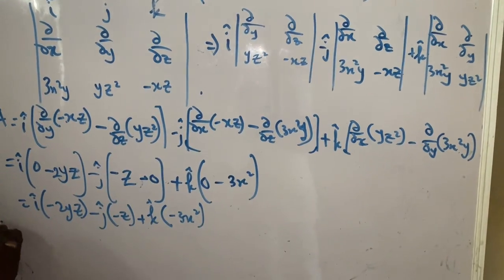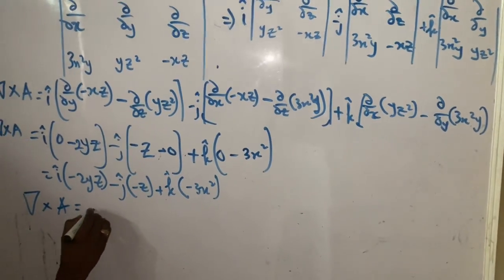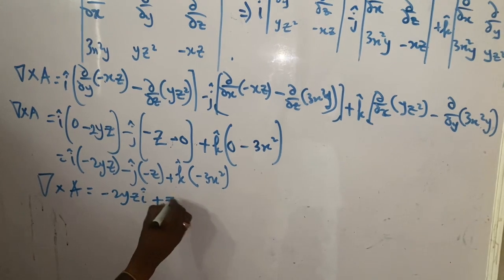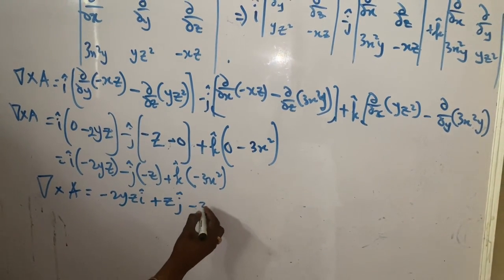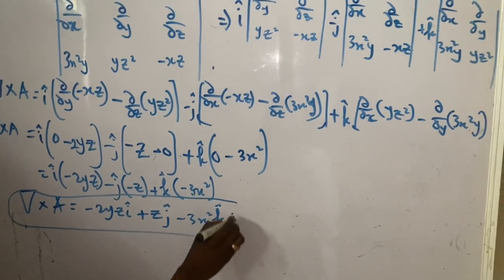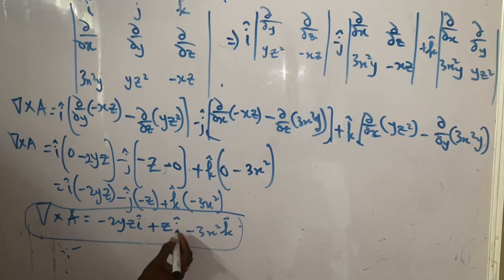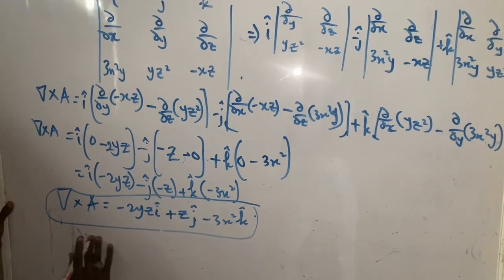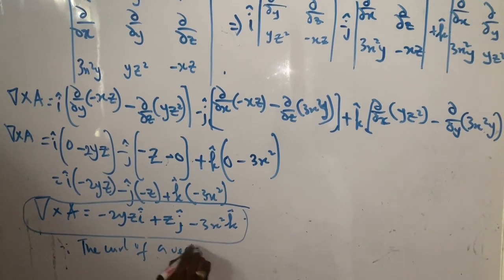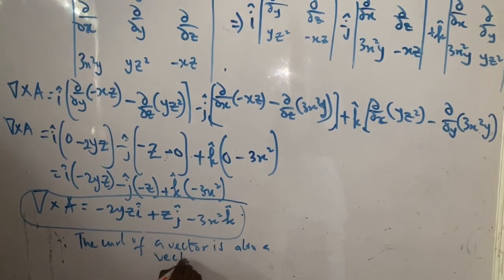Hence, del cross A is equal to minus 2yz i plus z j minus 3x squared k. So this is the curl. You can now see that the curl is having i, j, and k. Therefore, the curl of a vector is also a vector.